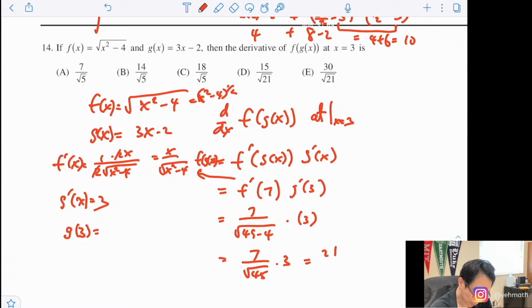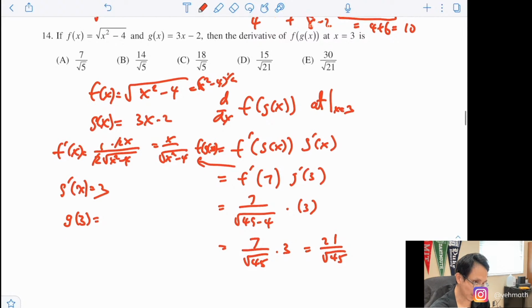So it's equal to 21 over square root of 45. Now you do see some radical underneath, which implies you don't need rationalizing. Remember I told you rationalizing is a lie. You don't have to rationalize the denominator. This is a perfect example. They didn't rationalize the denominator, but they did simplify the denominator.